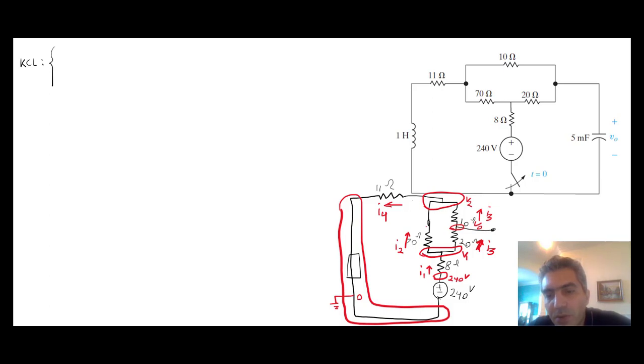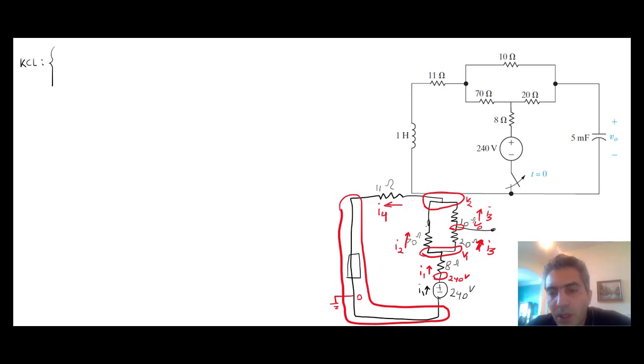The current passing through the power supply is the same current as going out, so this current is the same as that current. And by the way, I could have labeled this one too. For this node, I already did KCL, and for the ground, I don't have to do a KCL. Therefore, there's KCL for that node and KCL for this node.